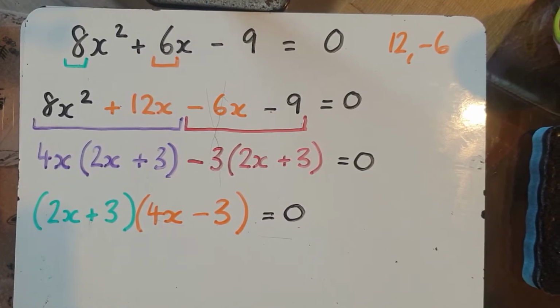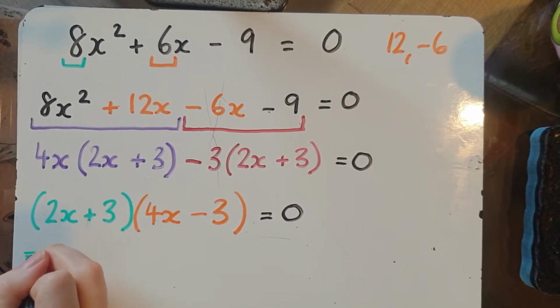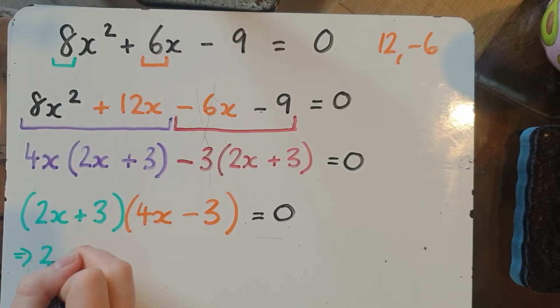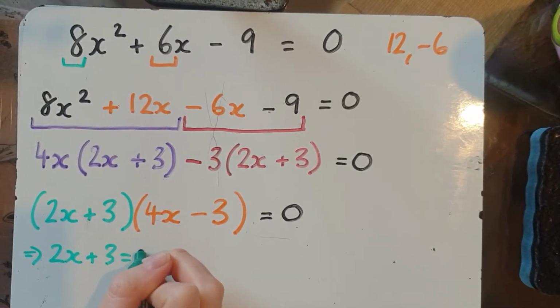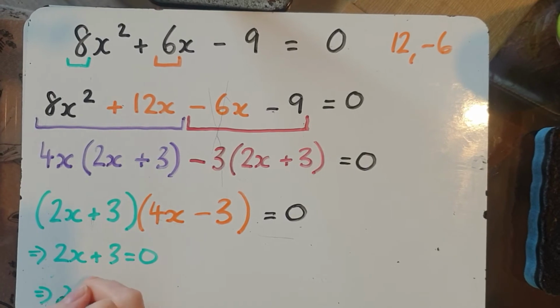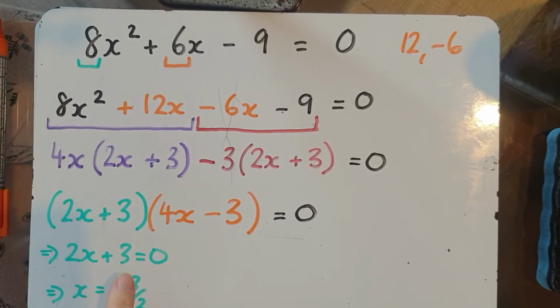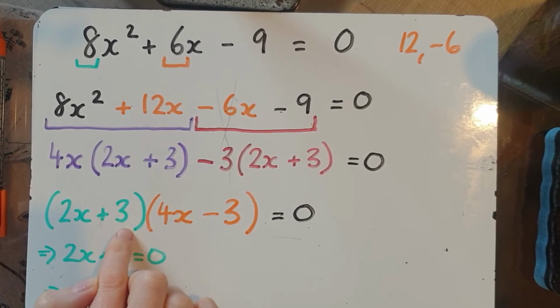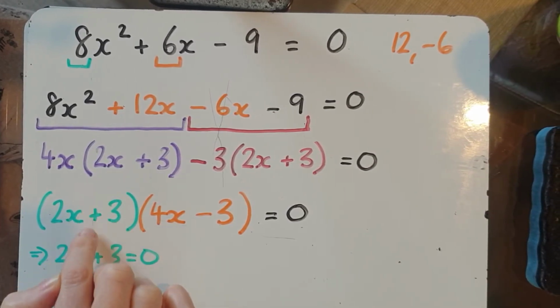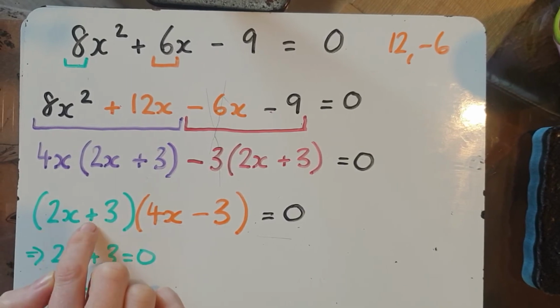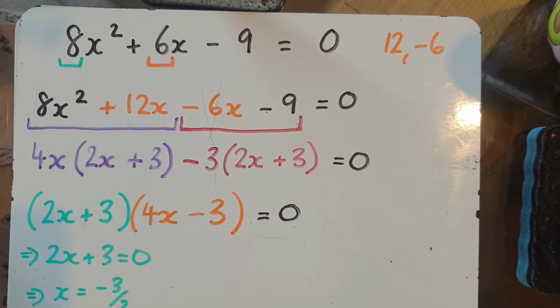Then from there, this implies that either this whole bracket equals 0, so 2x plus 3 equals 0, in which case x equals negative 3 over 2. And I've told you before, when you get something like this, you can change the sign of this number, negative 3, and divide by the coefficient of x, so negative 3 over 2.